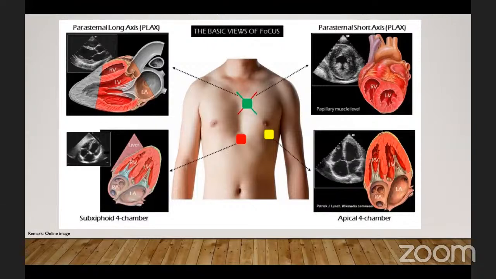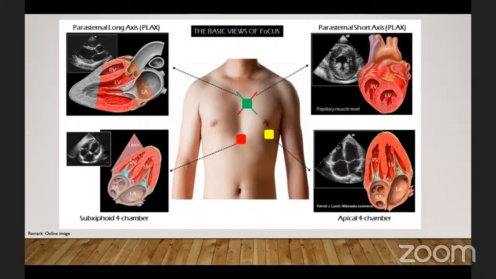The first image on the upper right of the screen is what you get when you tilt the probe toward 1 o'clock, represented by the red line. It will give you the parasternal short axis view. By simple tilting of the probe, you will get the short axis at different levels, from the basal one, which shows the LV and RV, with the LV at the level of the mitral valve leaflets.